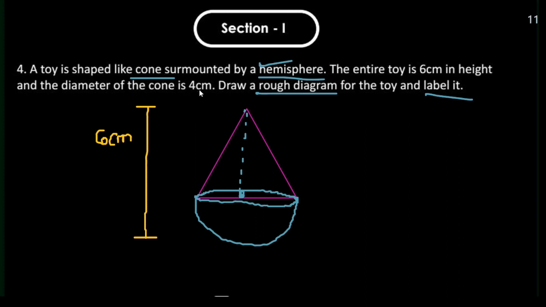The diameter of the cone is 4 centimeters. So this entire line is 4 centimeters. Okay. But the thing is, here the diameter is 4 centimeters, but this midpoint is known as the radius, right? So the radius is 2 centimeters. If this is 2 centimeters, then this height of the hemisphere is also 2 centimeters.